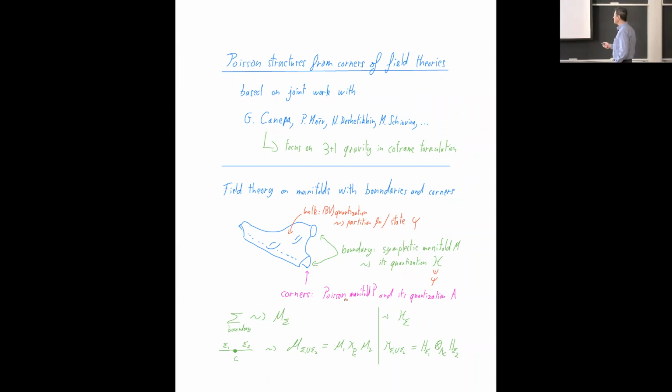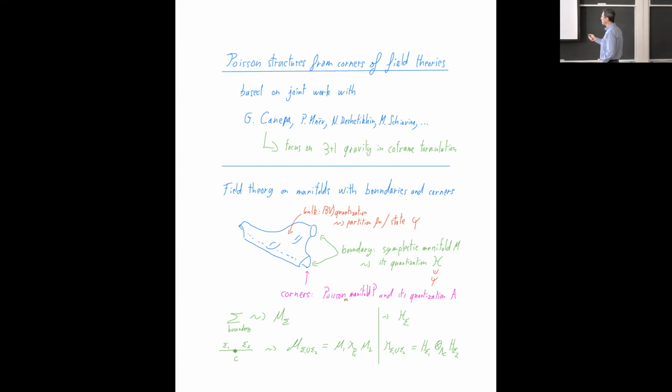Whenever you have a field theory, to boundaries you should associate some Hilbert space of the theory, and to the bulk some operators, from states to states. And if you have corners, like in this picture, there should be something that you should associate to corners as well.